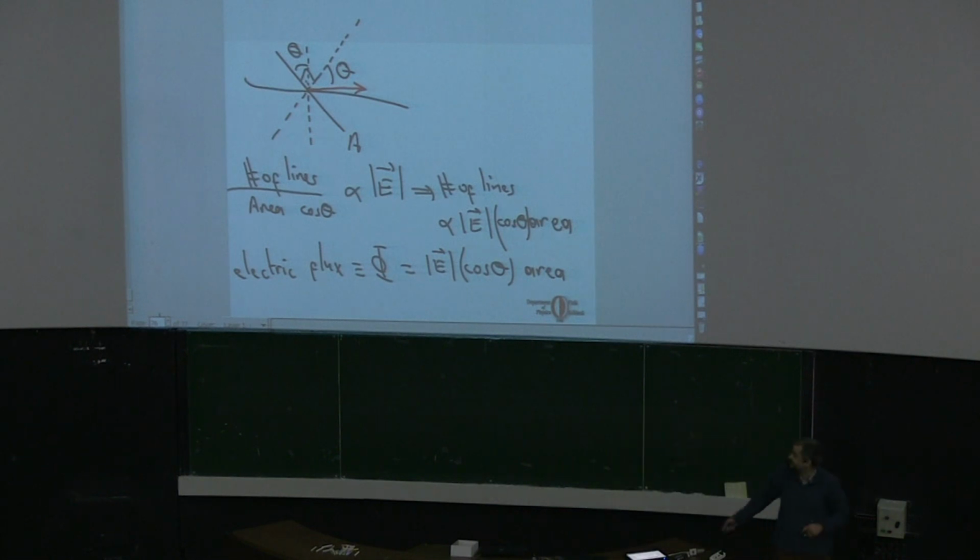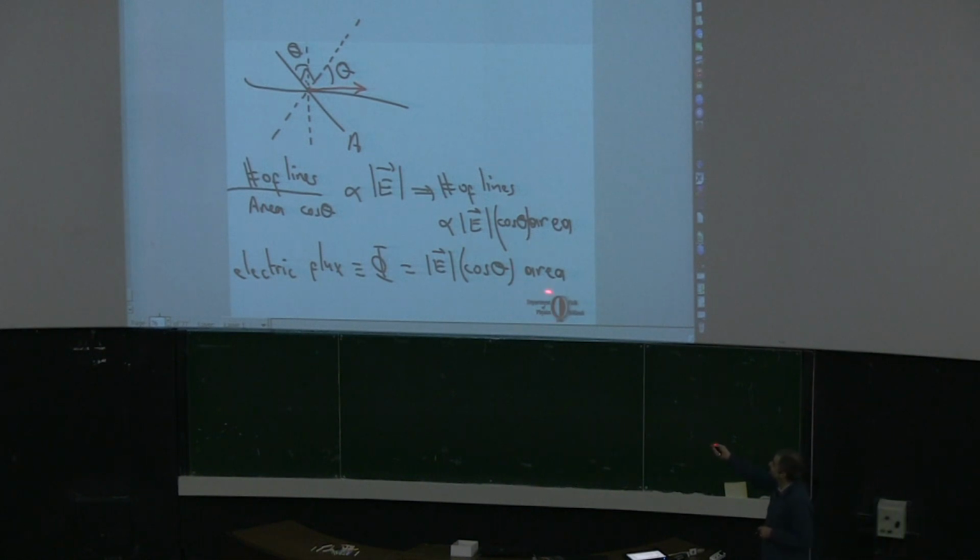So this is nice. I have the magnitude of E, the electric field, and the cosine of the angle between what and what. So did we define the area vector with you? Does it ring any bells? What is the area vector? Well, this is kind of a motivation to define an area vector. I can write this as a scalar product.